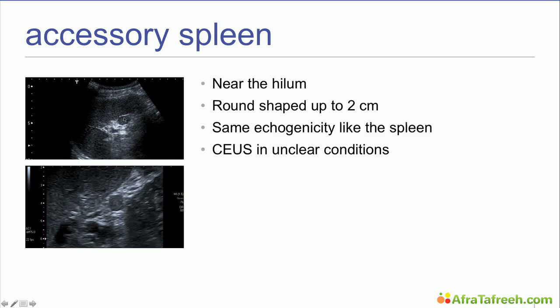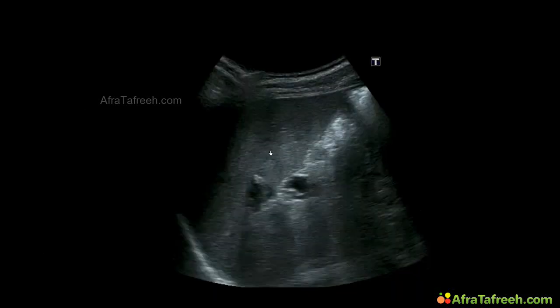So let's see in these cases. There are these round-shaped structures near the splenic vein. There is the same echogenicity like the spleen, and we can use contrast-enhanced ultrasound if it's not so clear. Also in this example, a small lesion over here, and we should not mix it up with a lymph node.